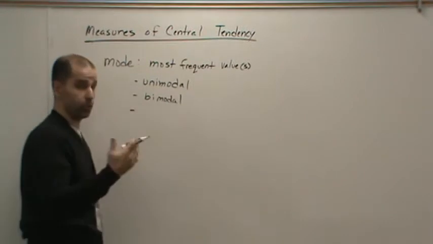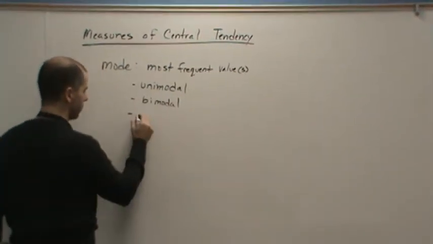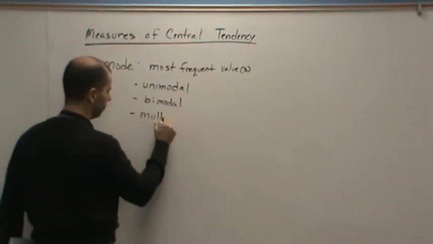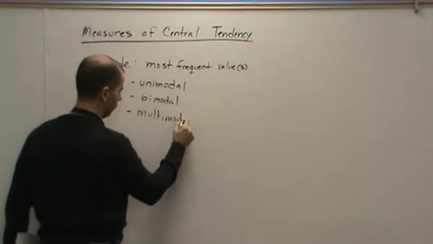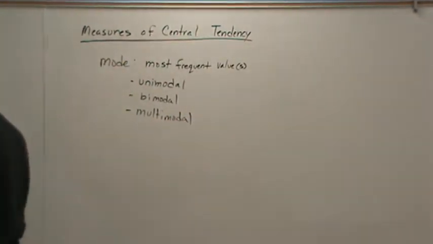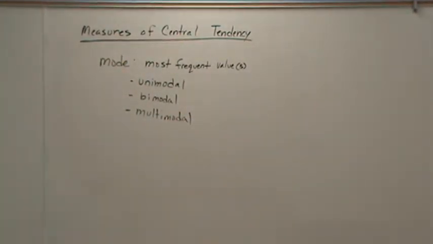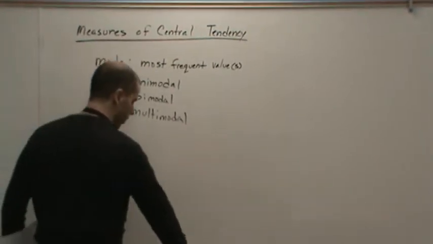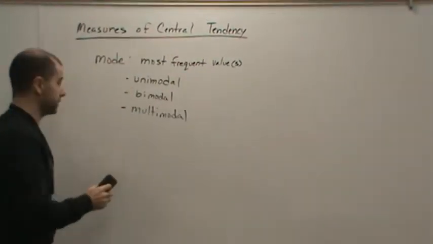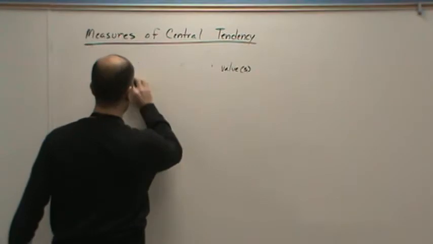And if there's three or more, then we would call that multimodal. Okay, so that's really the idea. That's the definition of mode. Very simple, very straightforward. And again, we're going to talk about this in a minute when we see an example.